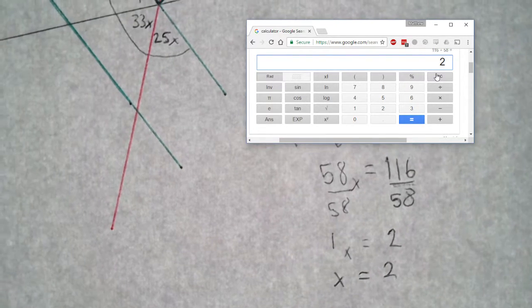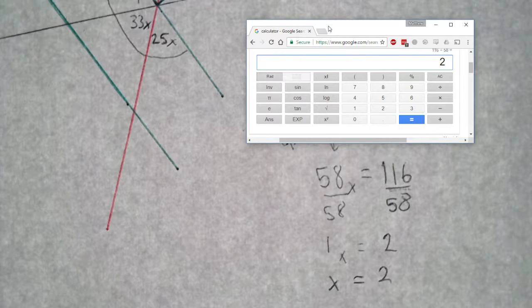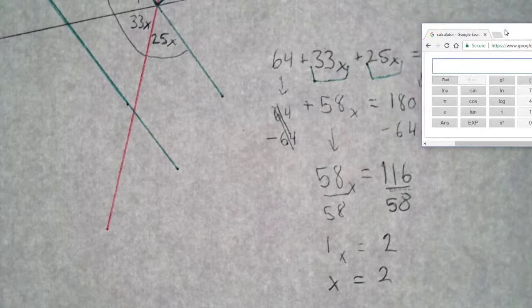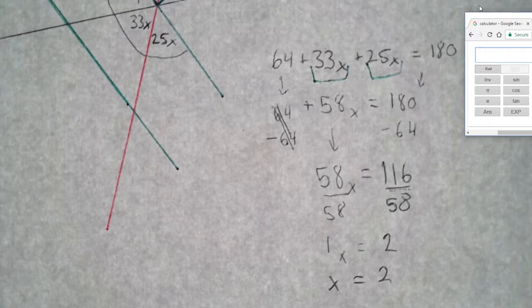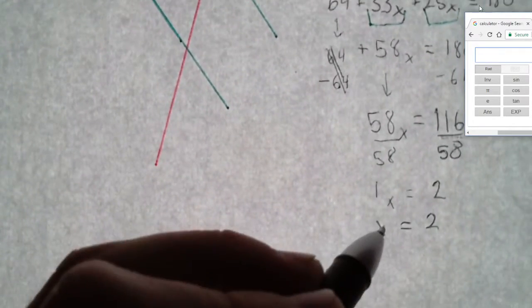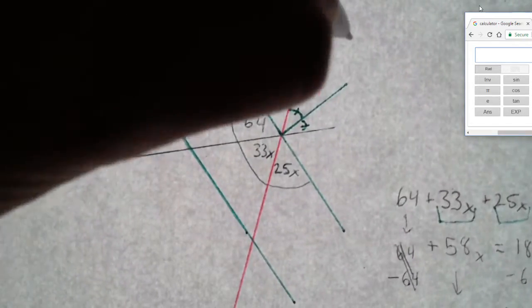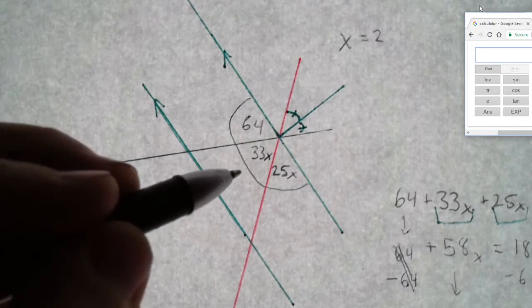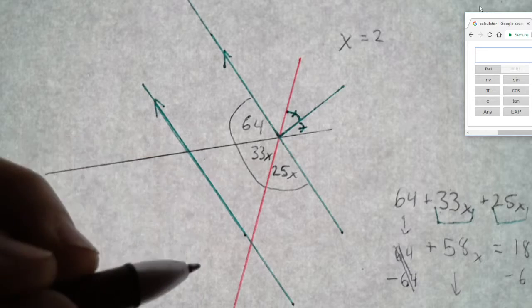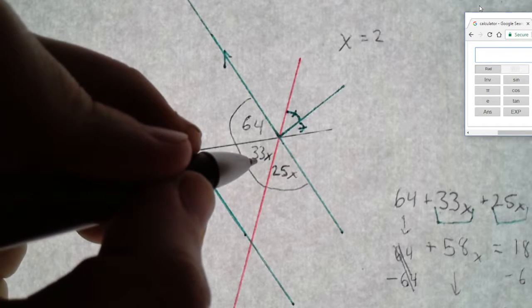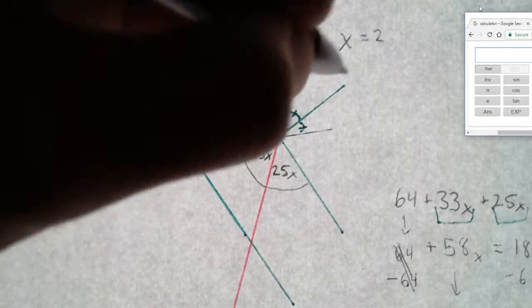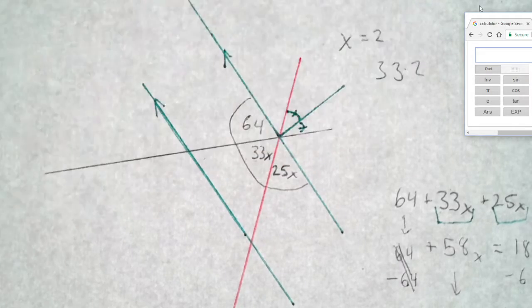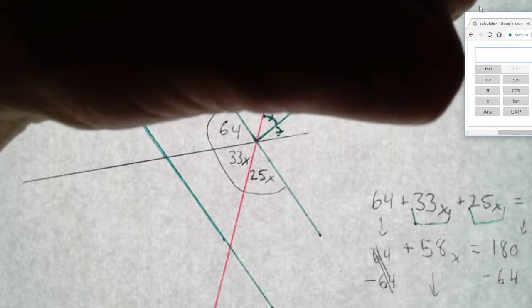But my job wasn't just to find x, I wanted to find every single angle in this diagram. So if x is 2, I'll write that up over here. X equals 2. Well, that means I can put 33 times 2 to find this angle. 33 times 2 is 66.